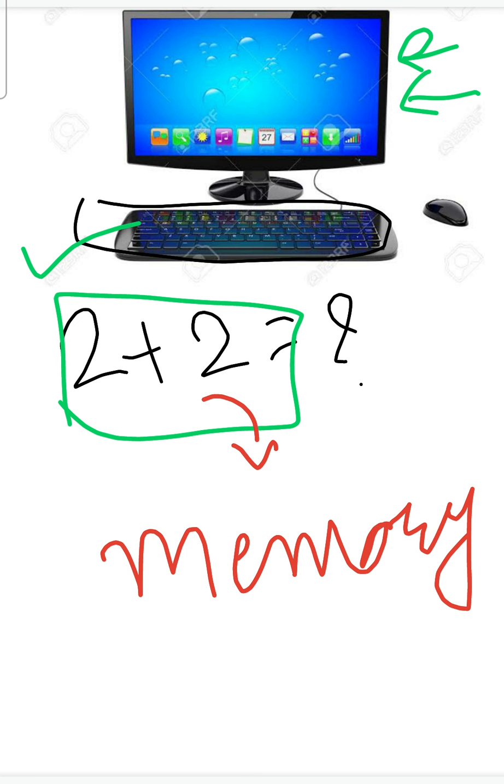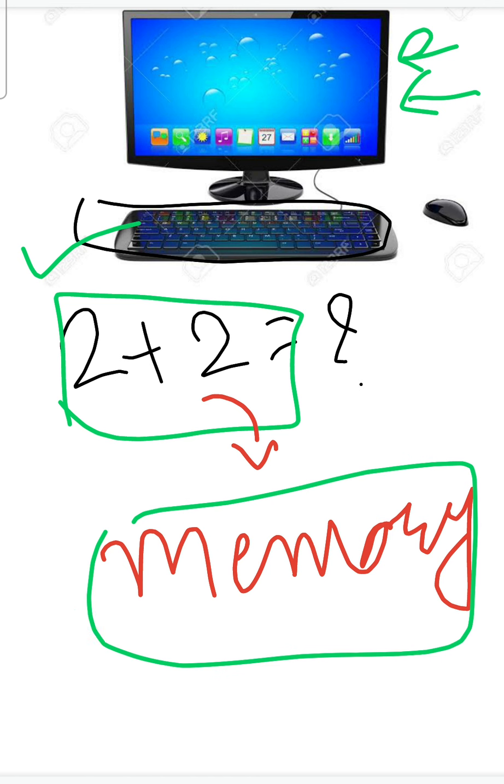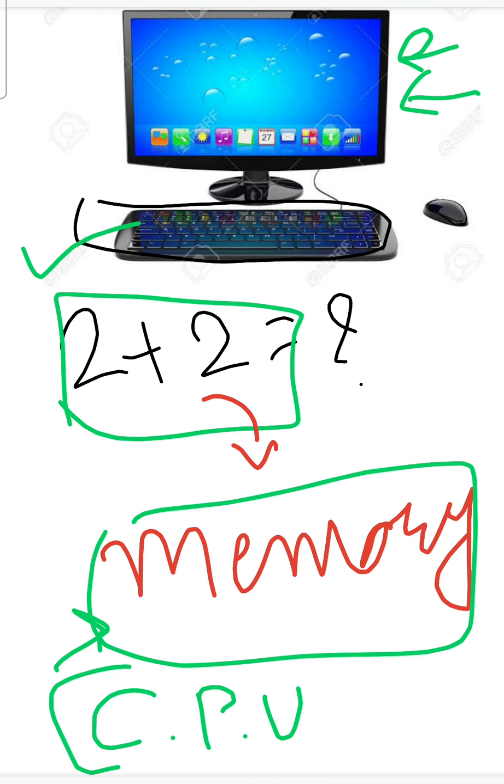After all information is written in the memory, all that information is seen by the CPU. CPU means central processing unit. And it does the BODMAS. So what is BODMAS? BODMAS means brackets, multiplication, addition, subtraction, etc. It means it has to do the addition here.